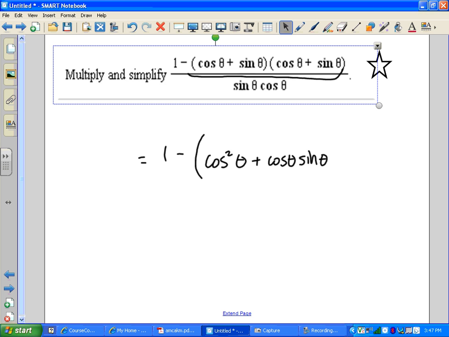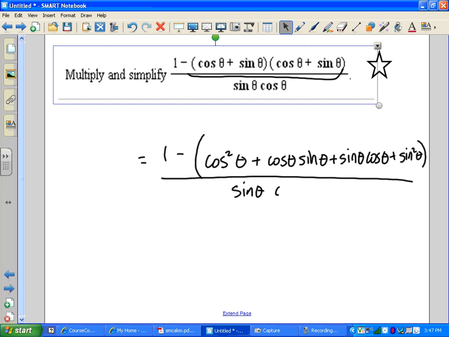And then inside would give me a sine theta cosine theta. And notice the two middle terms are like terms. They're just in different orders. And then sine theta times sine theta would be sine squared theta. Okay, so now we have all of this over sine theta cosine theta.